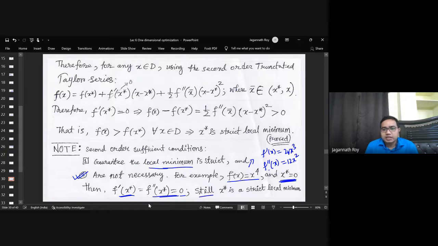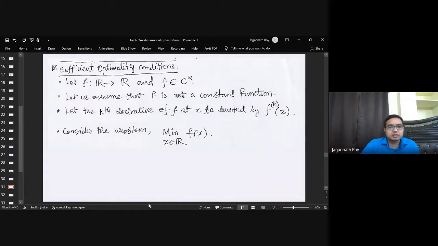But still x star is a local minimum for this function. So these are only sufficient conditions. They are not necessary. The second order sufficient conditions. Now this is the second order sufficient optimality conditions.